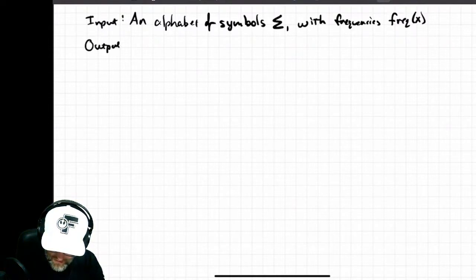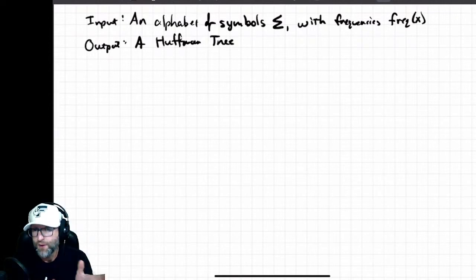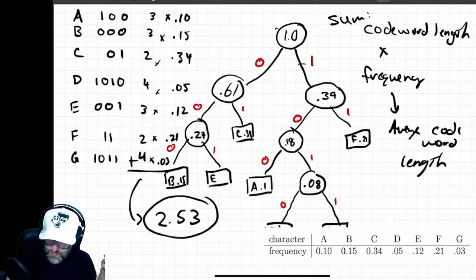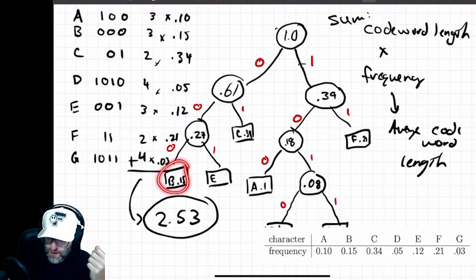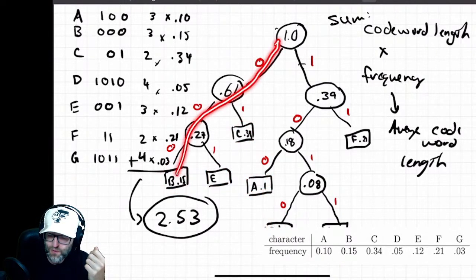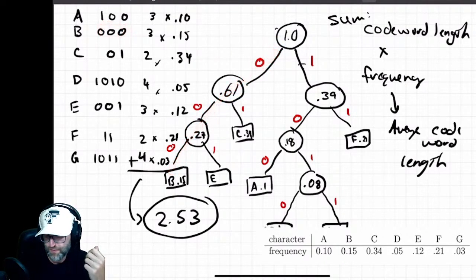Our output will be a Huffman tree. Once you have the tree, then you still need to produce the code by walking around on the tree, right? Like we did over here. And you can use any tree traversal algorithm that you're familiar with, pre-order, post-order, in-order, whatever. Or you can keep track of each one of the leaves independently and then just take a walk up to the root. 0, 0, 0, and then reverse it. No different there. C would be 1, 0.